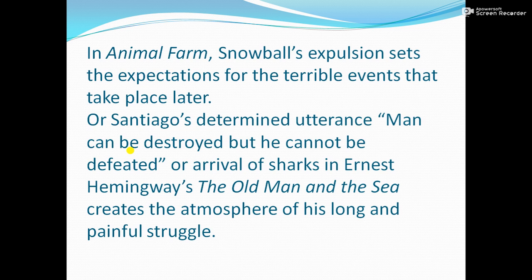So this event of sharks, when they come and try eating that particular marlin, that particular fish, we know that the atmosphere is set for Santiago's long and painful struggle.